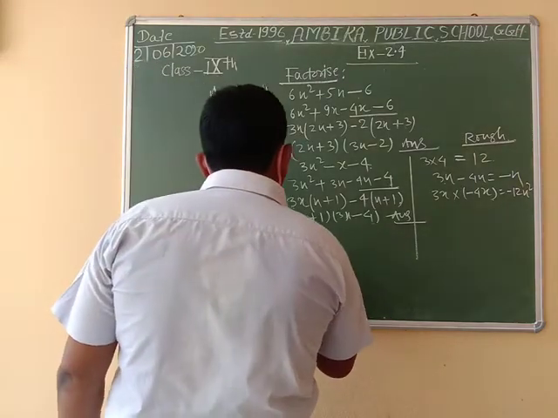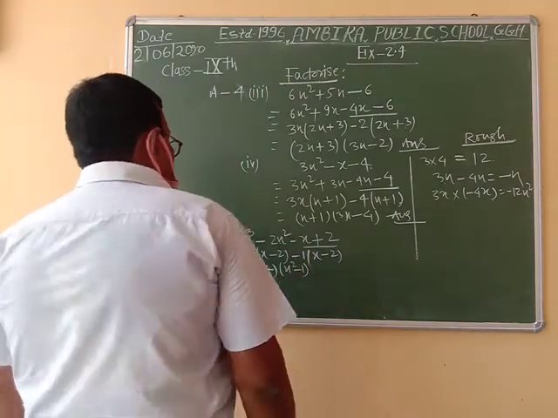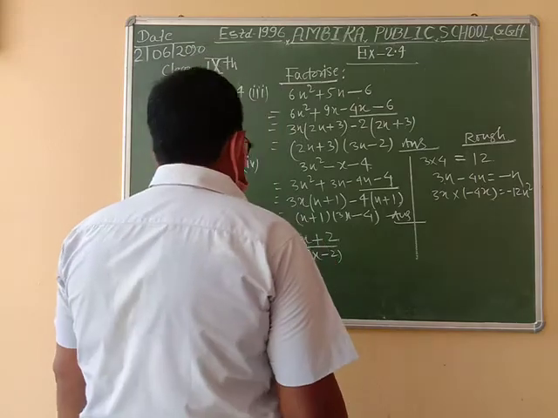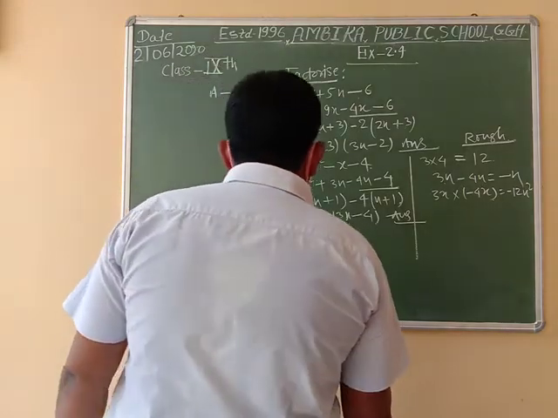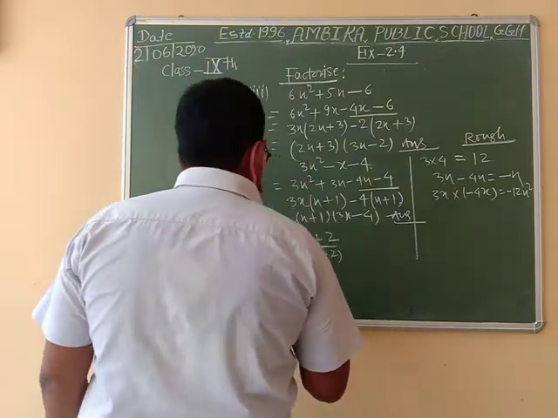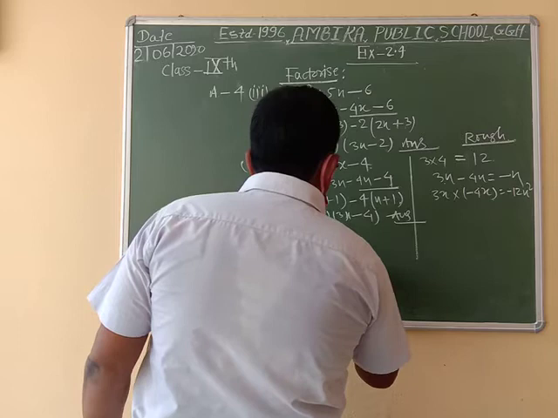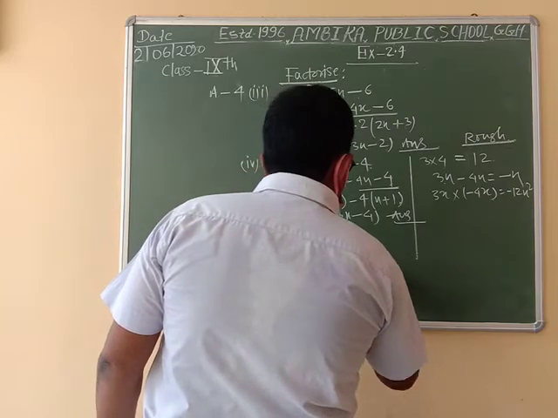Here, using the formula a square minus b square is equal to a plus b into a minus b, we can write x square minus 1 as x plus 1 into x minus 1. So it is x minus 2 into x plus 1 into x minus 1.